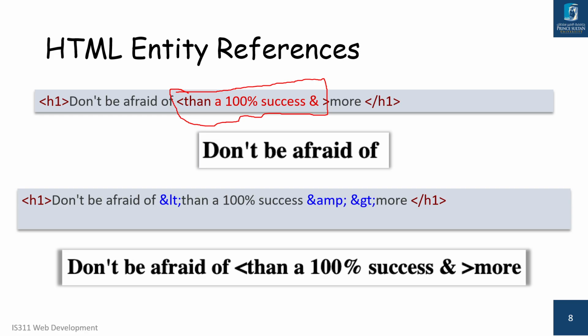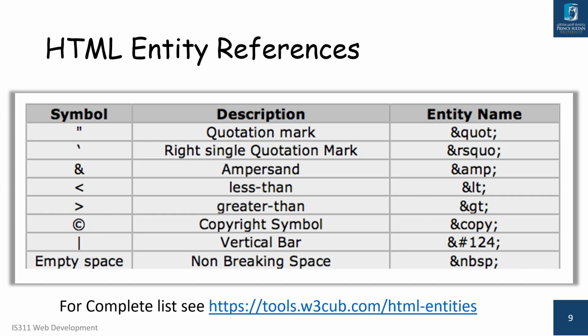According to its best understanding, it will try to display something. It only displays "Don't be afraid of." It does not display the "more" as well. Okay. So if you want to display these special characters on the page, then we need to use their alternatives, like their codes or the entity references, rather than directly using them in the HTML code. So here are some others.